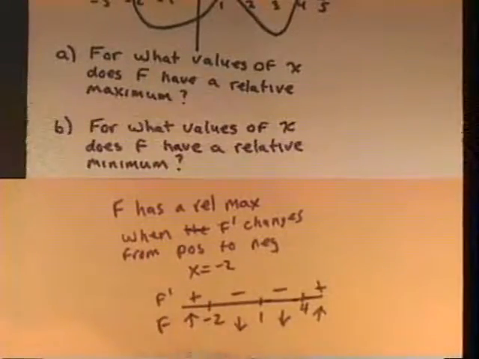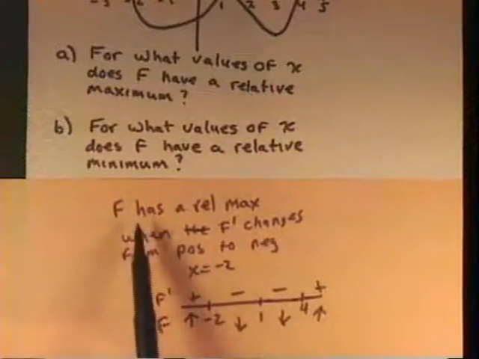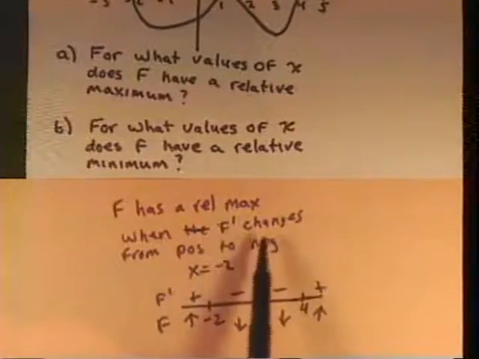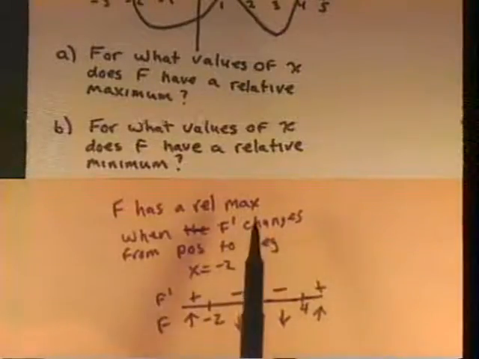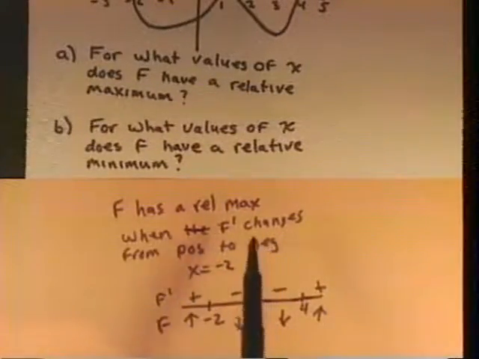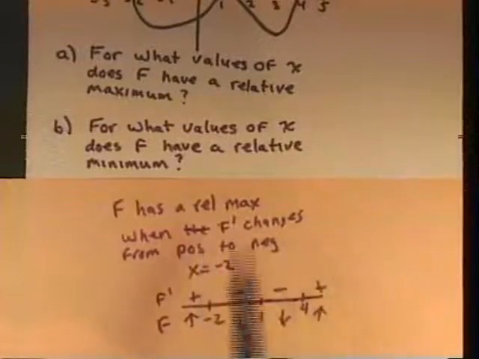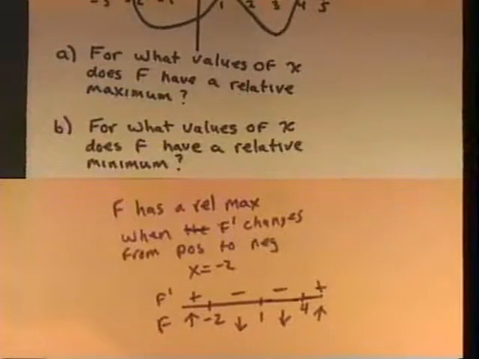You could use this notation to get full credit. If you would say f has a relative min when it changes, you would not get credit for the justification. You'd have to say when f prime changes from negative to positive. Quentin, great job.